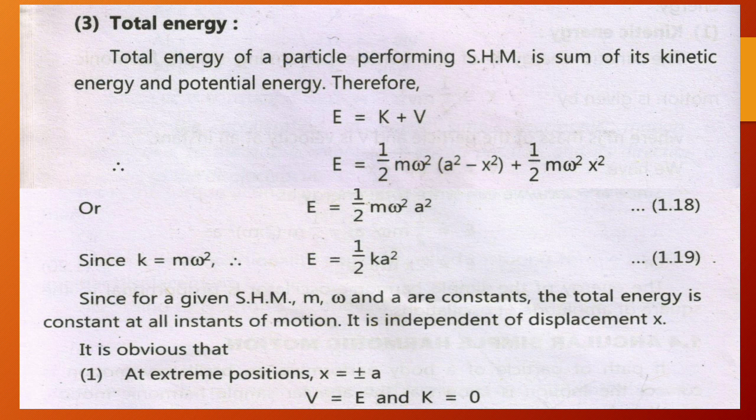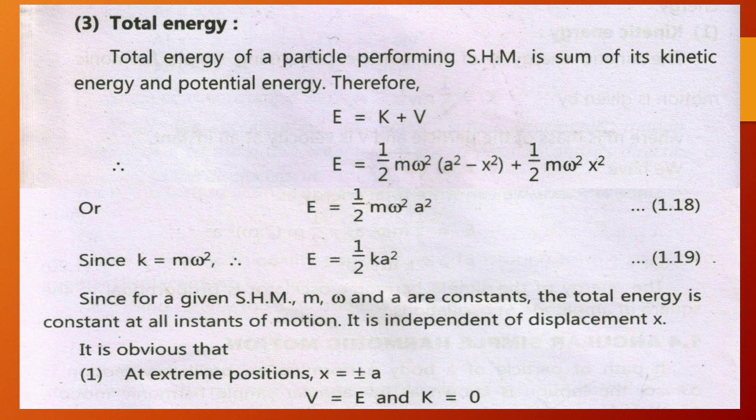Now simplifying this equation we get E is equal to 1/2 m omega square a square, but k is equal to m omega square. Therefore E is equal to 1/2 k a square. Since for a given SHM m, omega and a are constant, the total energy is constant at all instants of motion, which is independent of displacement x.